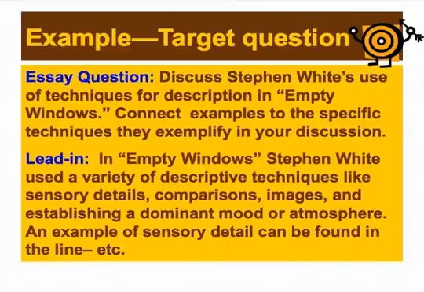So let's say sample essay question. Discuss Stephen White's use of techniques for description in Empty Windows. Connect the examples to the specific techniques they exemplify in your discussion. Notice neither of those really are written like a question, are they? They're commands.